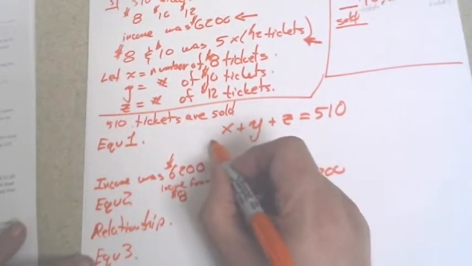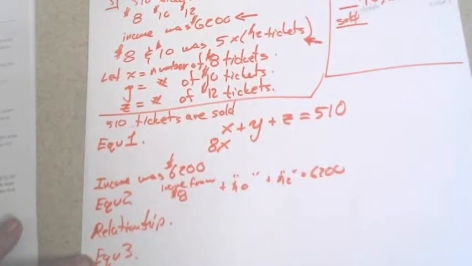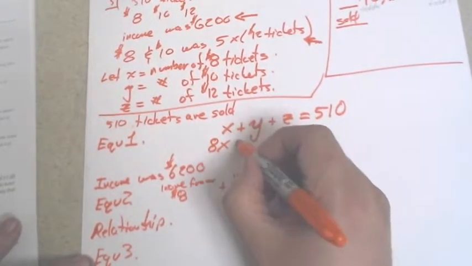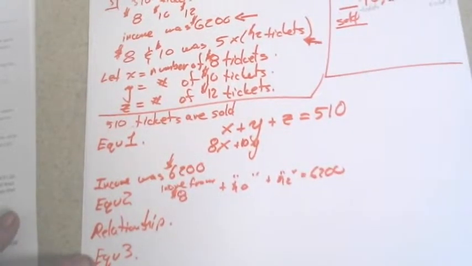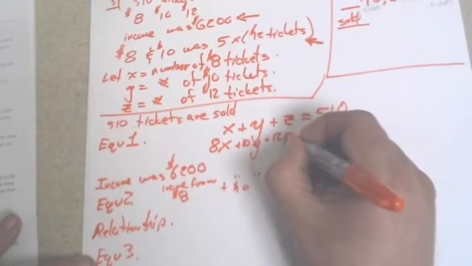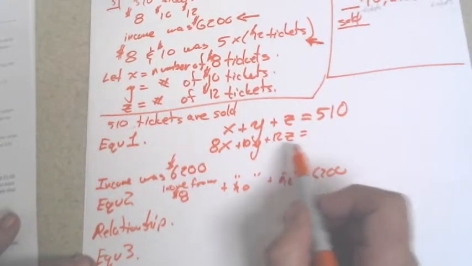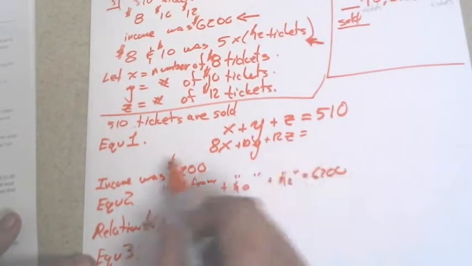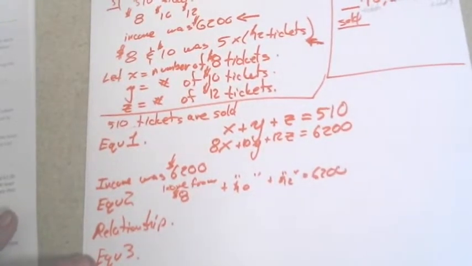Well, we take 8 times the number of tickets gives us the income from $8 tickets. 10 times the number of $10 tickets is going to give us the income from $10 tickets. Plus 12 times the number of $12 tickets is going to give us the amount of income from $12 tickets. Altogether, that has to equal $6,200.